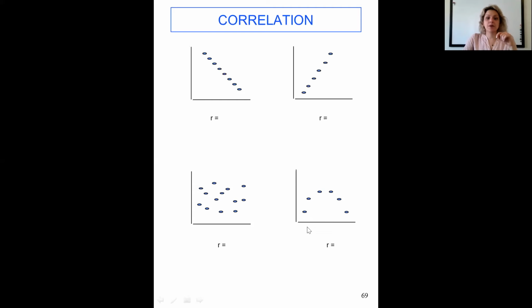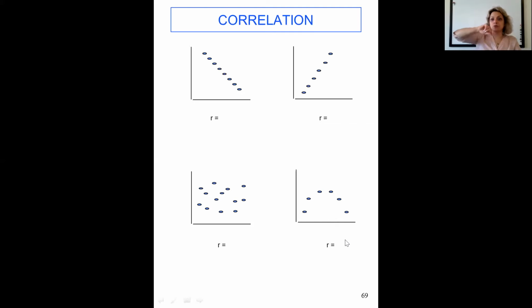It's just that we can't have a straight line to connect them. So the correlation factor for this one is going to be 0 as well.